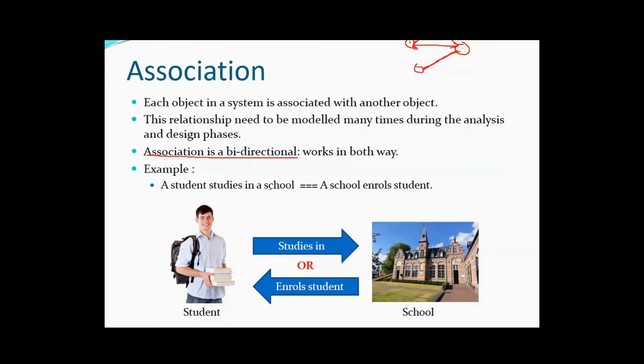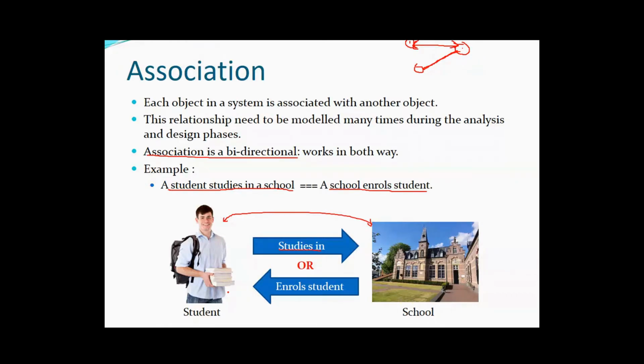We say that the student studies in a school, and we say a school enrolls students. So there is an association between school and student. Students study in school, or you can say the school enrolls students in the system.